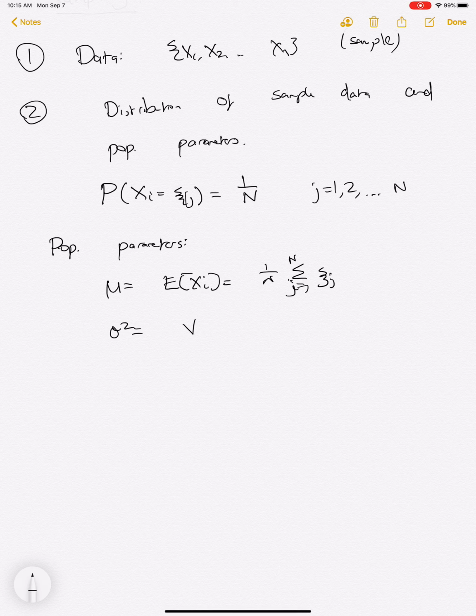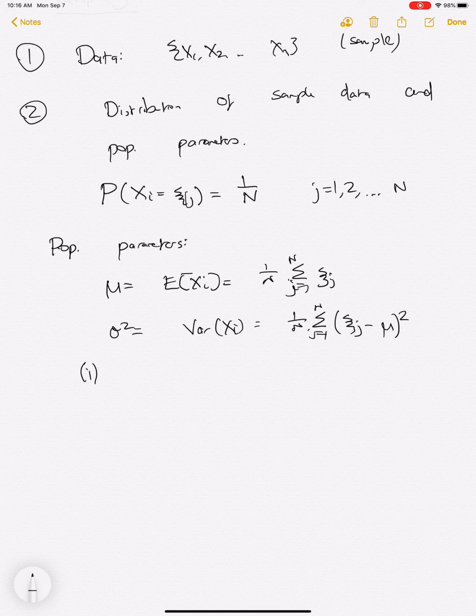And then the other population parameter is the variance of these xi's, which is given by this. This is just using the formulas for how to calculate expectations and variances for a random variable.